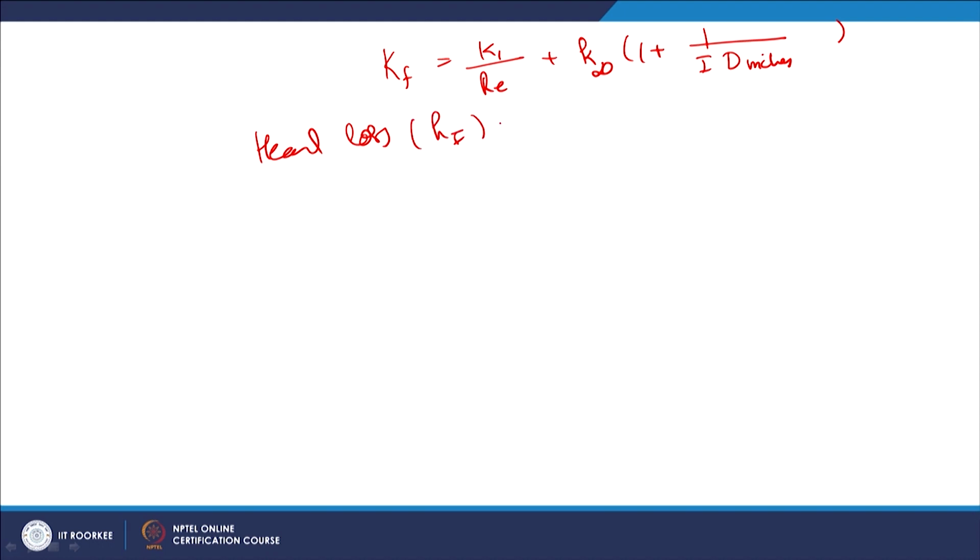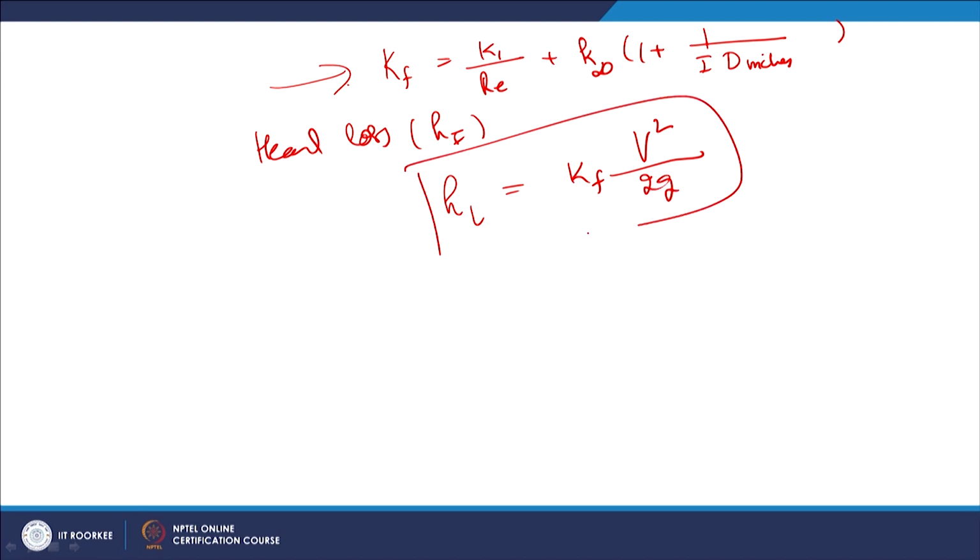Now head loss HL through the fitting can be calculated by determining the value of Kf from this equation and using it in this equation, that is HL is equal to Kf V square upon 2g. Head loss through pipe friction, which you can calculate by HF, is equal to 4 F L V square upon D 2g.